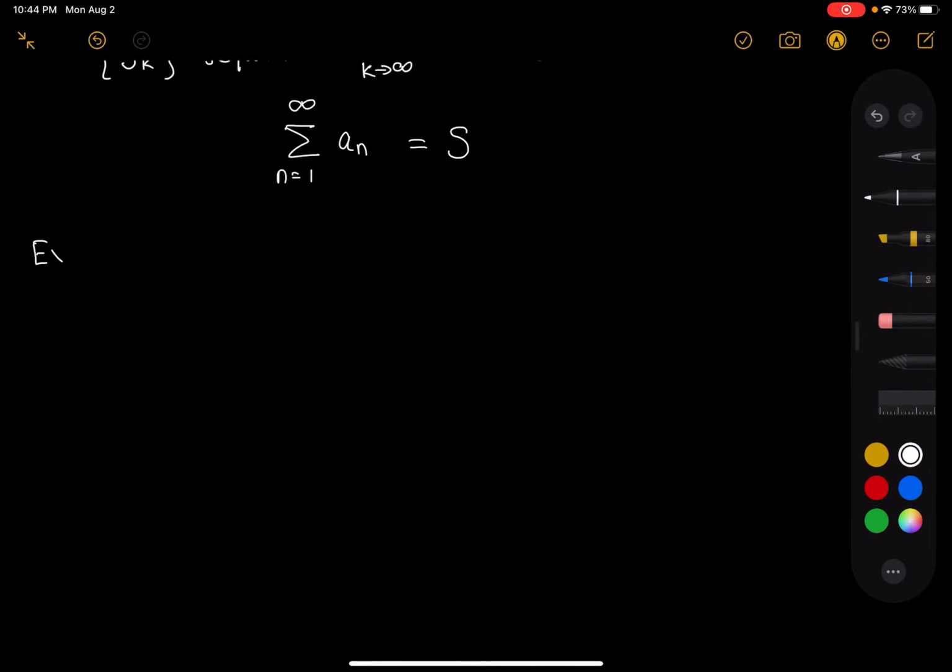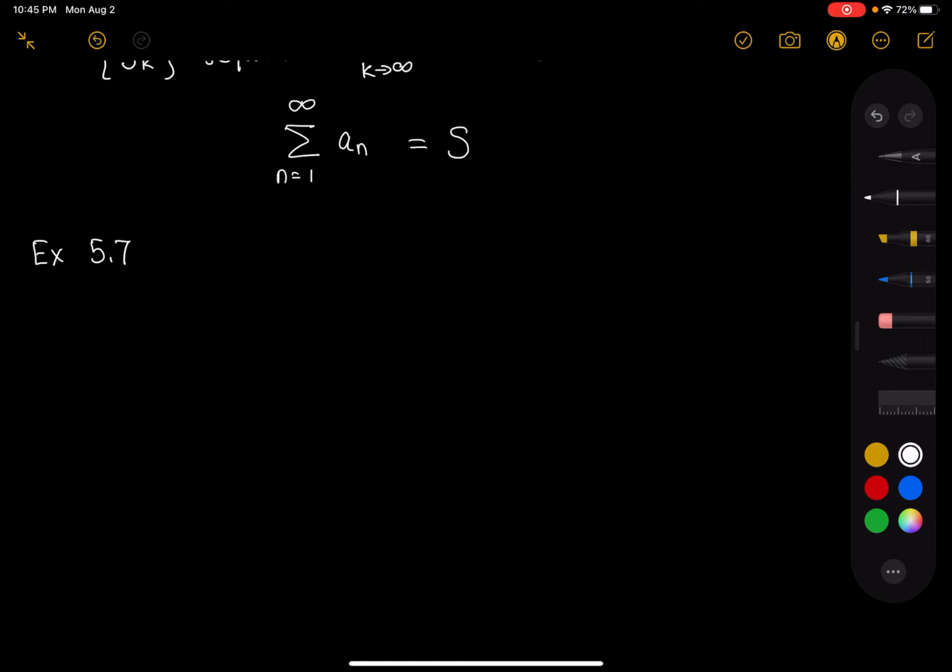So example 5.7. And I also encourage you to follow the link in our textbook to take a look at the website that shows a whimsical approach to series, okay? If you are not quite understanding the definition.